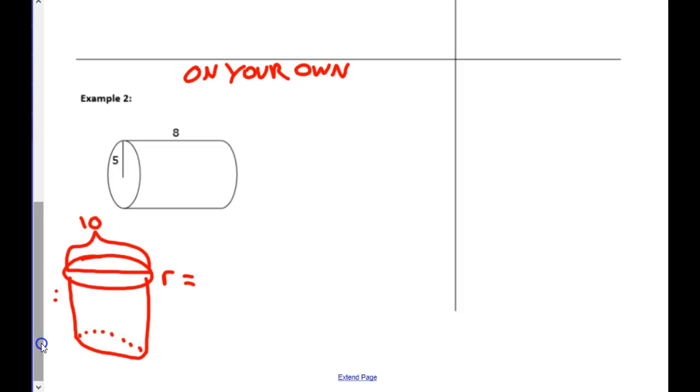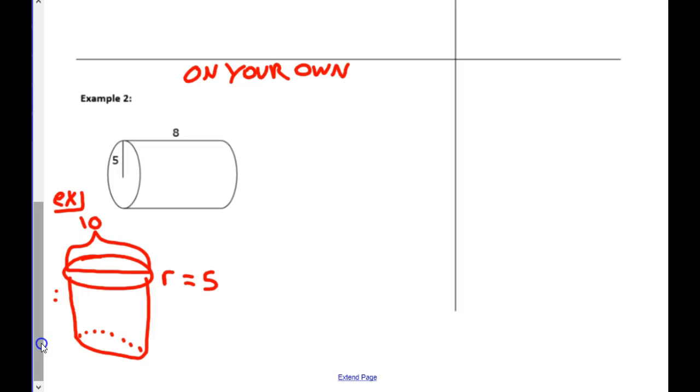So sometimes they give you the diameter, and you have to cut it in half to get the radius, okay? So again, this is just Mr. G's random example, off to the side. I just want you to be careful. If you get the radius wrong, you get everything wrong, okay? So just be careful. All right, so without further ado, I'll let you get started on our practice.